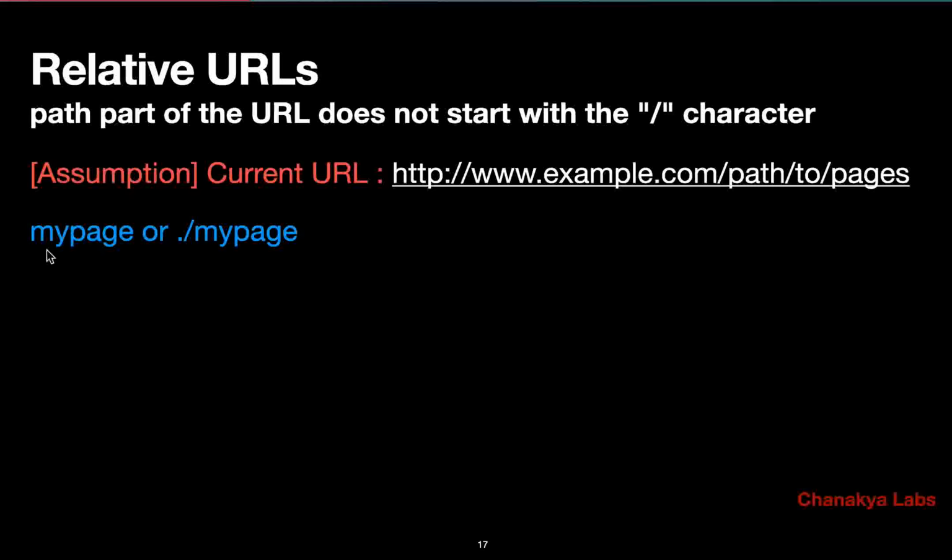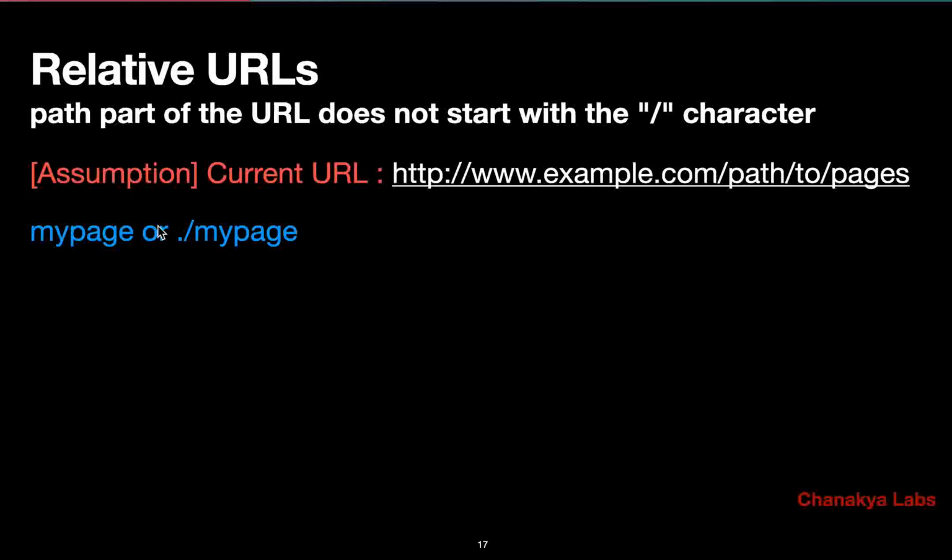Now if you have a relative URL, something like mypage or ./mypage, where dot in Unix systems means the current folder, it will be resolved with respect to the current folder. What is the current folder? Pages is a document, inside which folder? The to folder. So the current folder with respect to pages is to, the folder inside which the document pages is there.